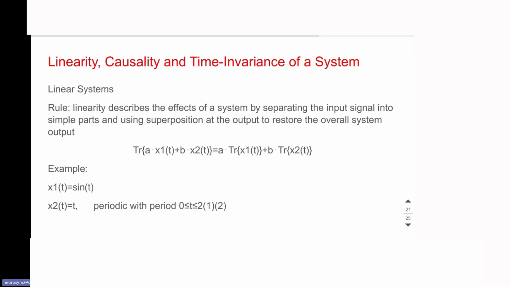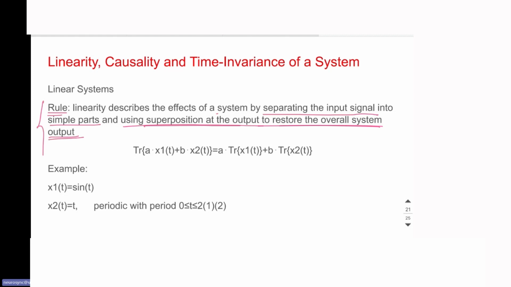The rule of linearity: linearity describes the effect of the system by separating the input signal into simple parts and using superposition at the output to restore the overall system output. So for a linear system, superposition is very important. We use the superposition theorem. Now, what this statement basically says is that linearity describes the effect of the system by separating the input signal into simple parts and using superposition at the output to restore the overall system output.